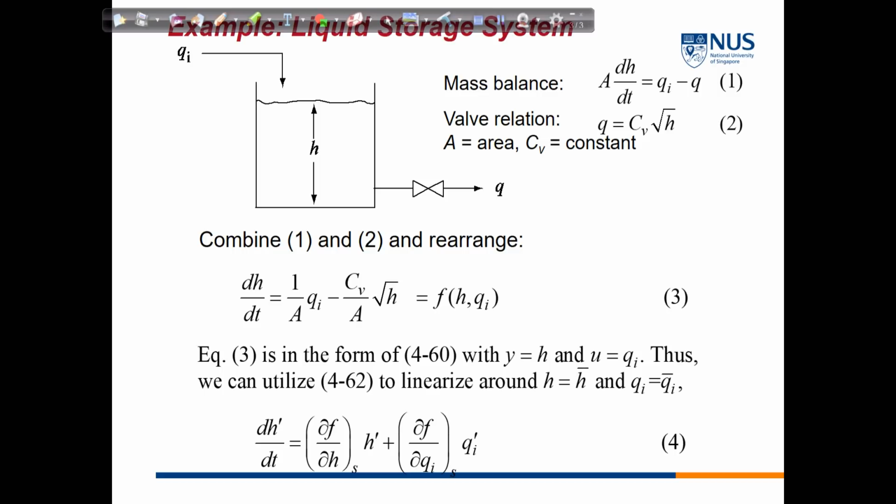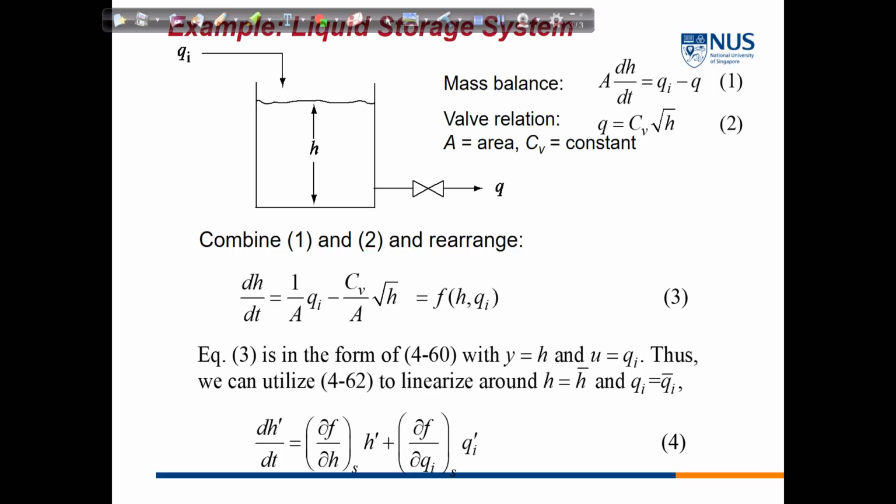Then if we combine A and B, those two equations, and rearrange it, we get the dynamics of dH/dt. We define this as f(H, Qi) because these two are the variables and they are nonlinear functions because of this square root here.